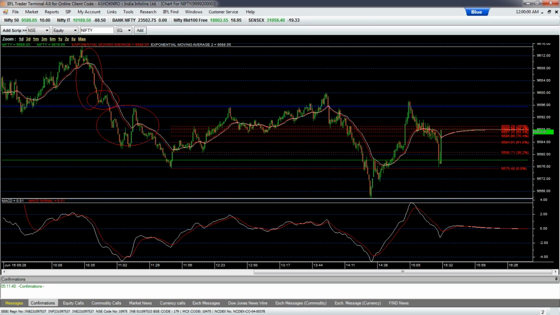After some time, when my account increased in value, I started trading in much higher lots. I have gone up to 15 to 20 lots in Nifty futures, and in options it was much higher.